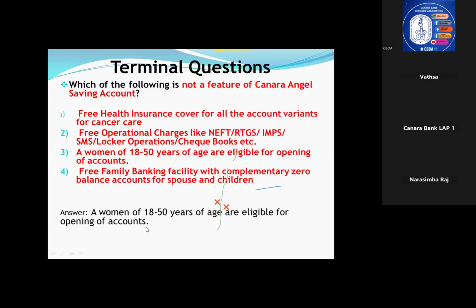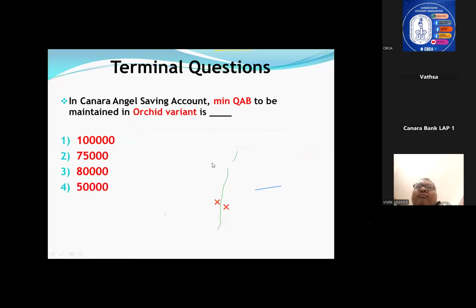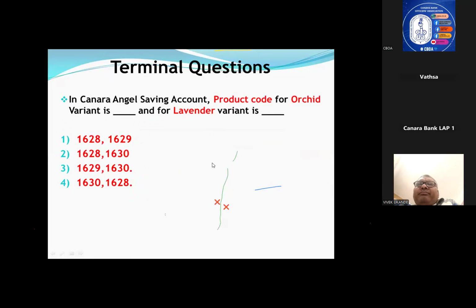Women of 18 to 50 years is wrong. Actually, it is 18 to 70 years. Angel Savings Bank minimum quarterly balance 30,000 and 5,000. Orchid variant, it is 1 lakh.